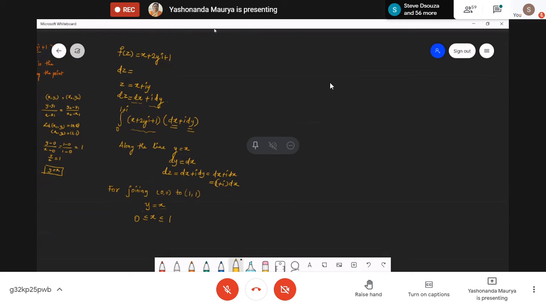Okay, so now this integral from 0 to 1 plus i of x plus 2yi plus 1 into dx plus i dy is equal to the integral from 0 to 1 of x plus 2x plus 1 into dx plus i dx.